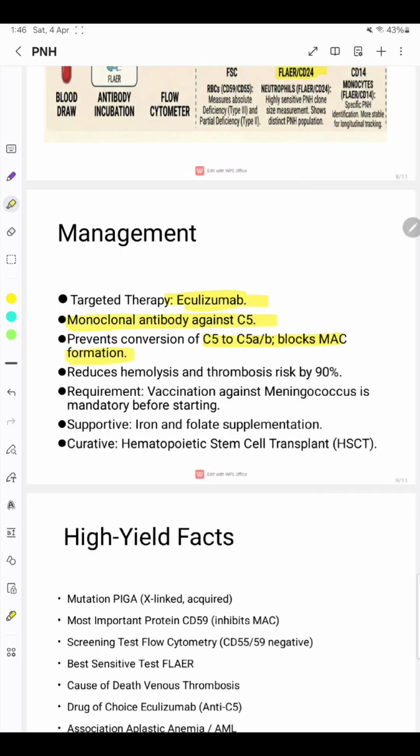This reduces the hemolysis and the thrombosis risk by 90%. So eculizumab is a very important drug, but this increases the chance of meningococcal infection. So vaccination is mandatory before starting the treatment with eculizumab.